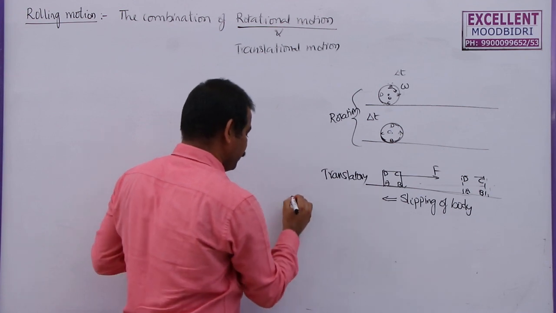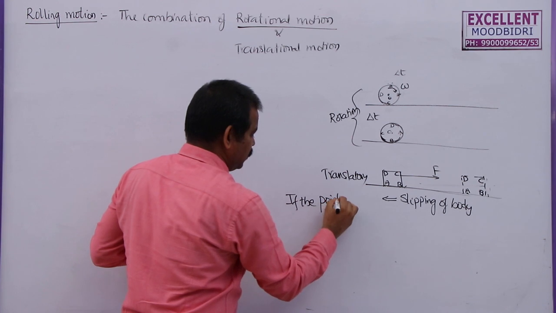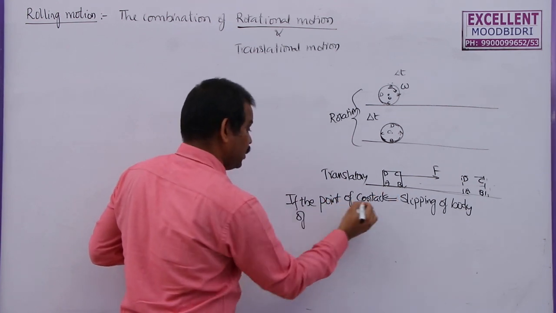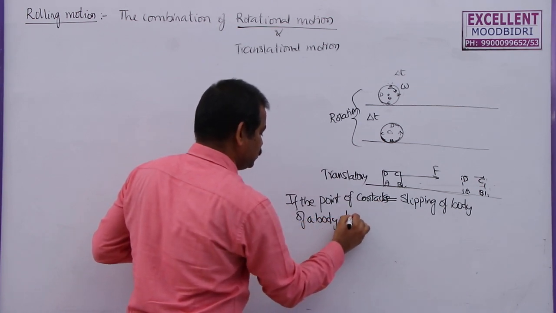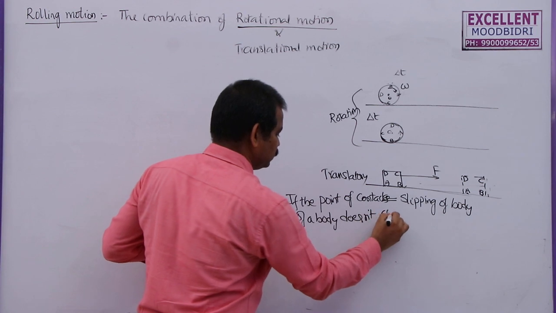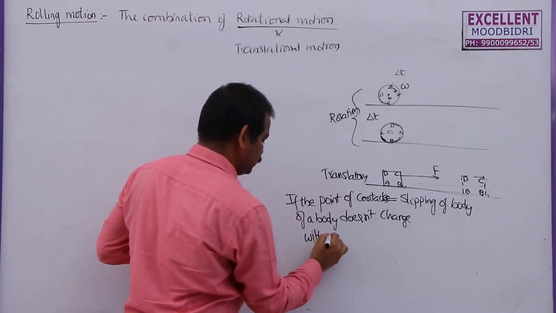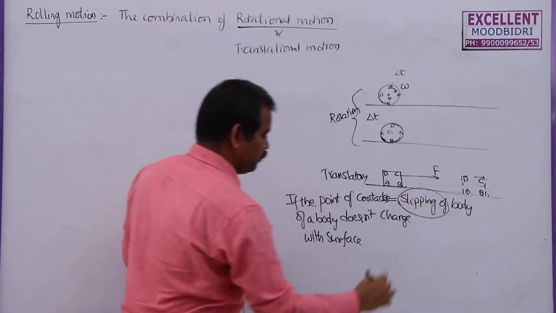So, what is meant by slipping? If the point of contact or contacts of a body does not change with the surface, then the body is said to be slipping.